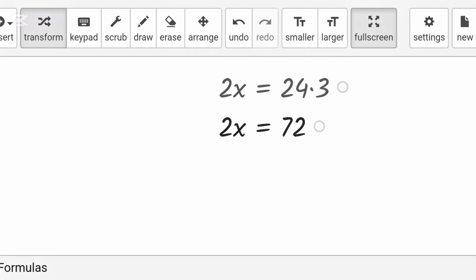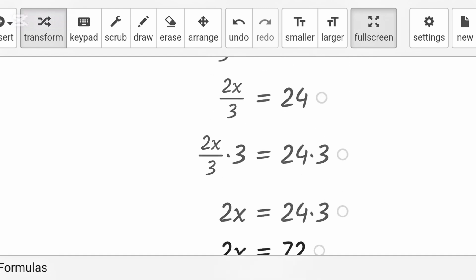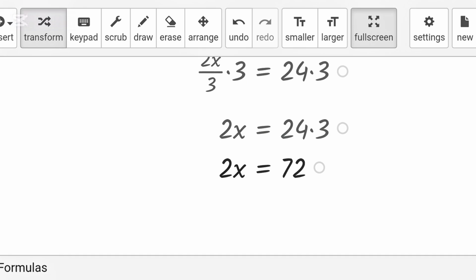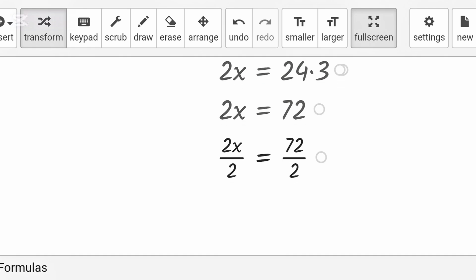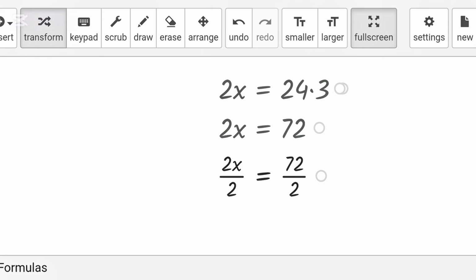And one more step. So this is basically a two-step equation. The last step is to divide by 2, and that should happen on both sides because we are trying to eliminate 2. The consistency in math is that whatever you do to the left hand side, you must also do to the right hand side.